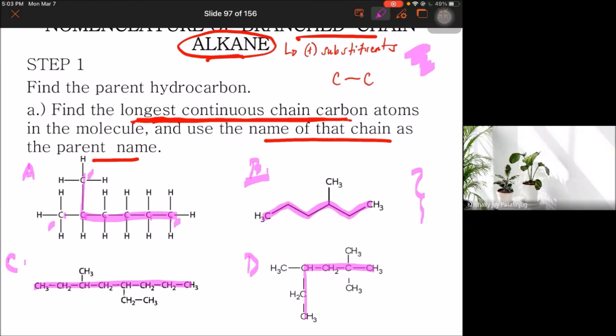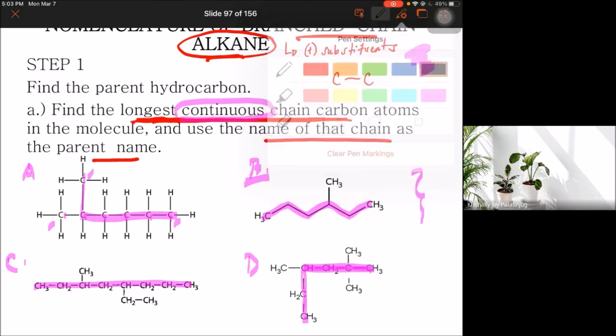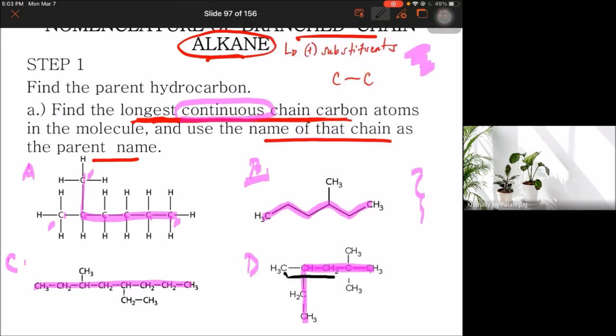As long as it fits, it is continuous, not broken up. Straight. Highlighted, this is the longest chain. The one in black is only a 5 carbon chain, but the one highlighted in purple is a 6 carbon chain, and that is the longest one.